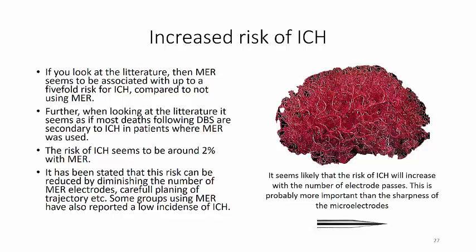It has been stated that this risk can be reduced by diminishing the number of microelectrodes, careful planning of trajectory, etc. And some groups using microelectrode recording have also reported a low incidence of hemorrhages.